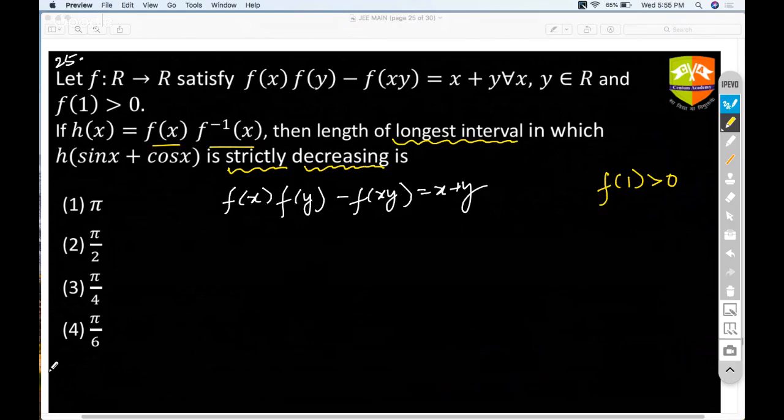Yes, guys, any idea? Anyone? First, the full focus should be on getting your function itself. Find the function, and when you know the function, you can always find its inverse, and then you would know your h of x.